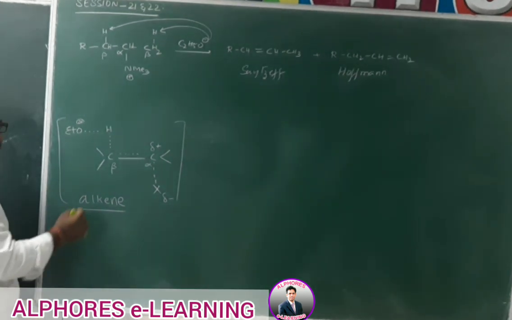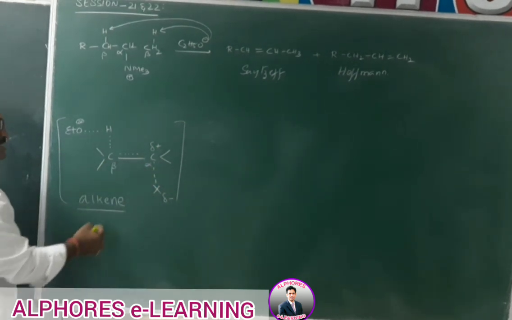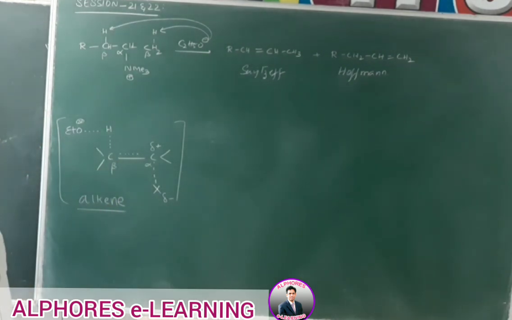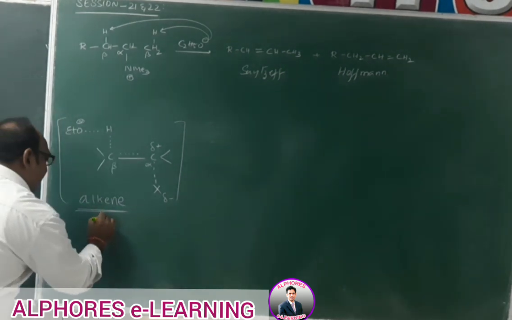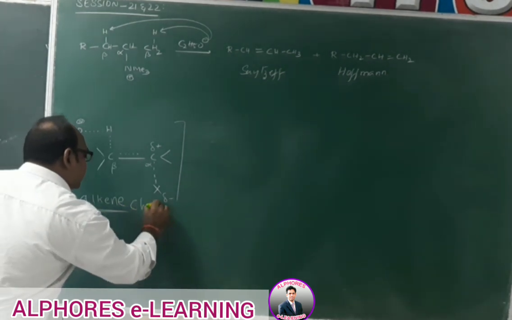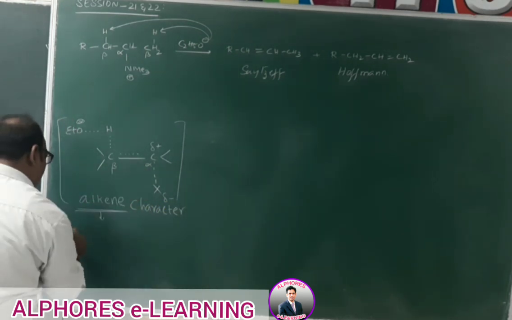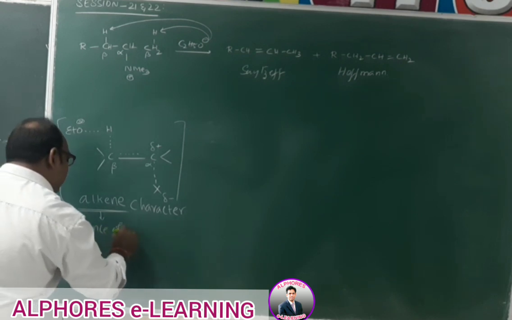Based on that, we can say that if this one is more substituted, that alkene is more stable and that alkene product is the major product because of alkene character. This transition state containing alkene character can be stabilized by the presence of electron releasing groups, meaning alkyl groups.